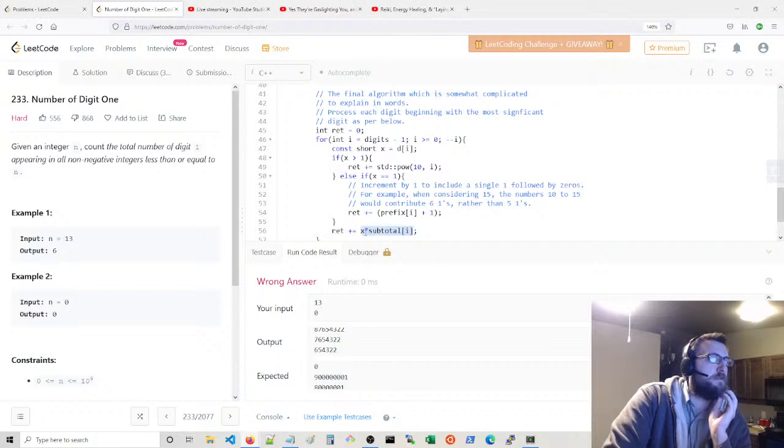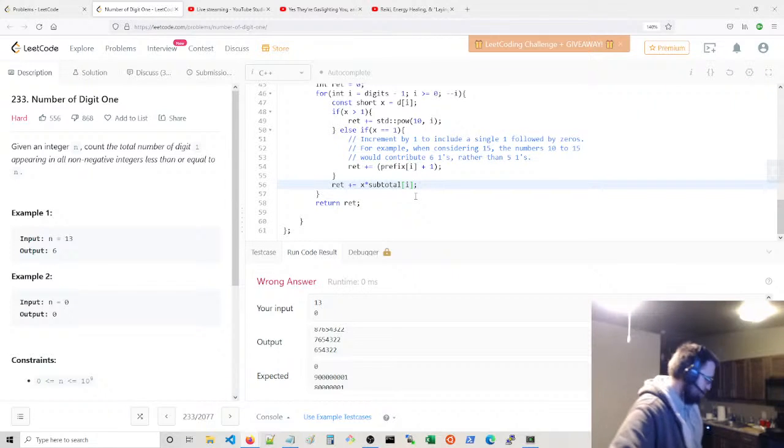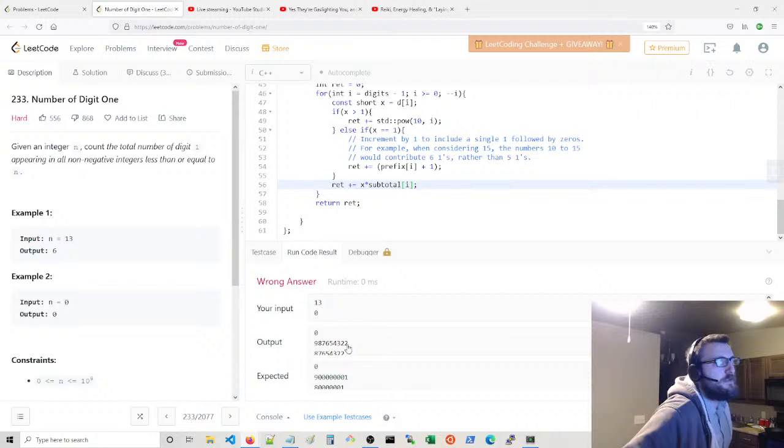That would be the subtotal. So I guess only if you're leading. So why do we have this prefix?